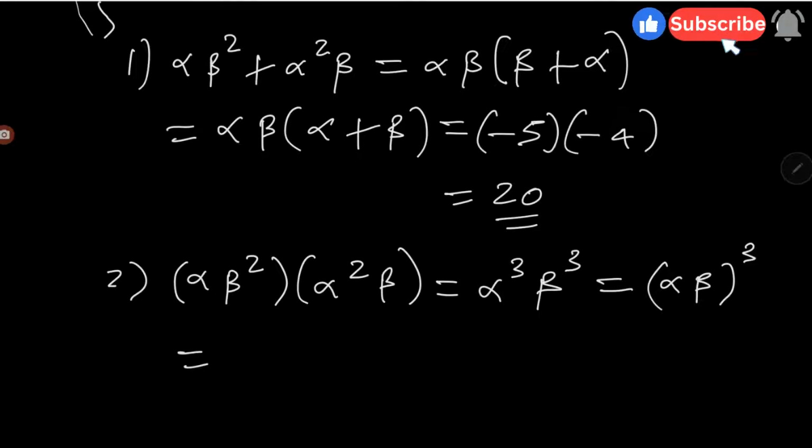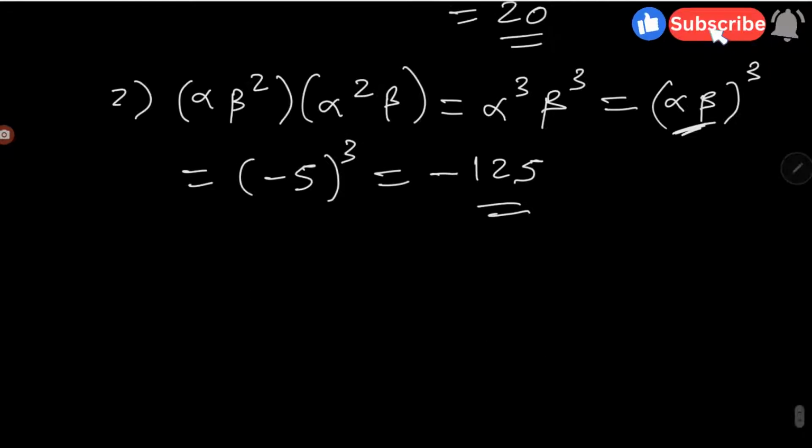So this will be equal to, I just need to plug in the value of alpha beta. So from the previous work, we know the value of alpha beta is -5, and we are cubing this value. So since my power is odd, I know the negative will come back, and 5 raised to 3, it's 125.